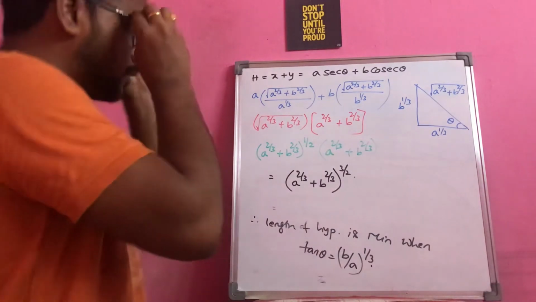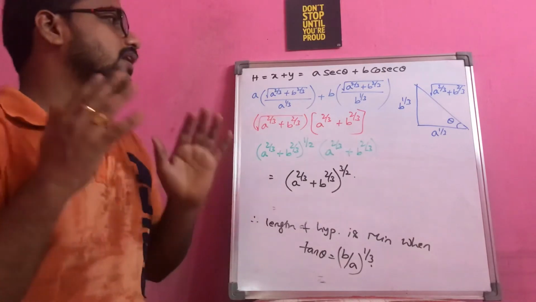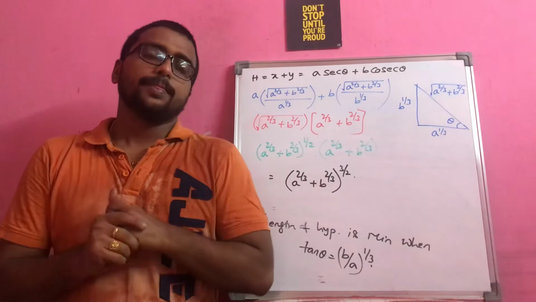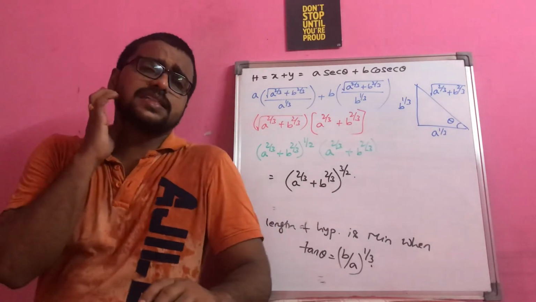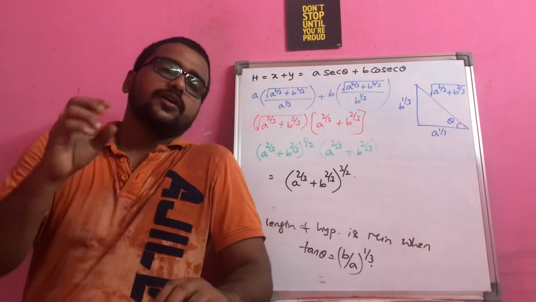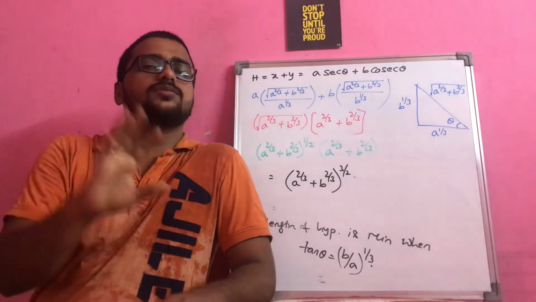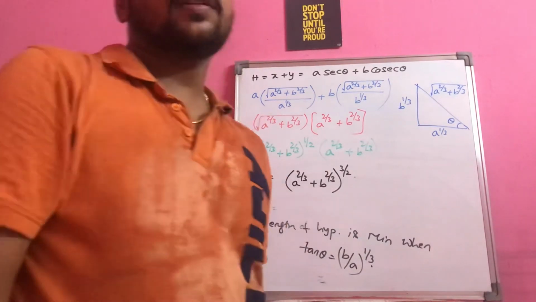My suggestion is that you start with the trigonometric function. That will reduce the complexity of the question, because it will become a single variable. When you introduce the trigonometric function, everything will come in terms of theta alone, so it won't be much of a problem to deal with the derivative part.